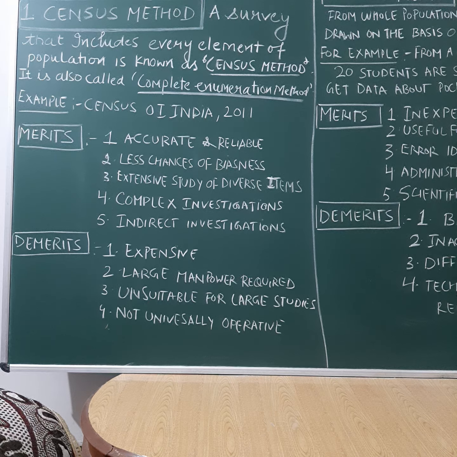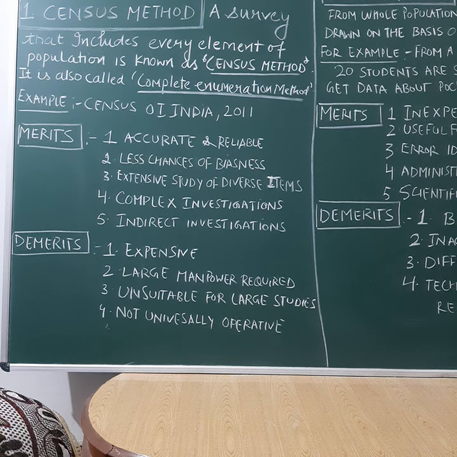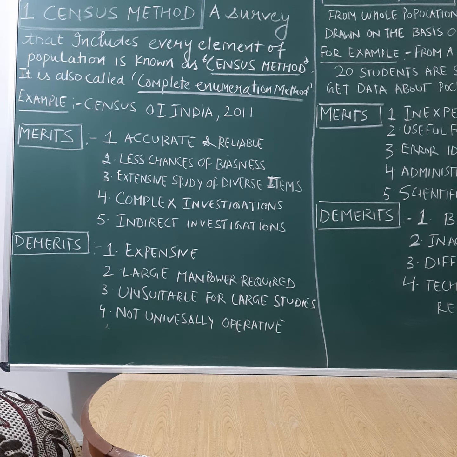So you will select any 1000 or 2000 students out of this 1 lakh, and whatever results you get from these students, you will apply to the other universe also. This is known as the sampling method, when we are not studying all the items but taking a sample out of them.